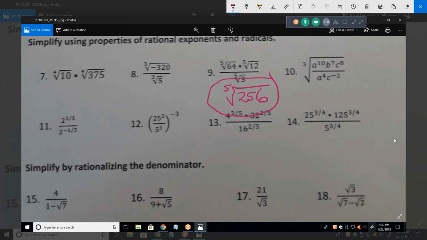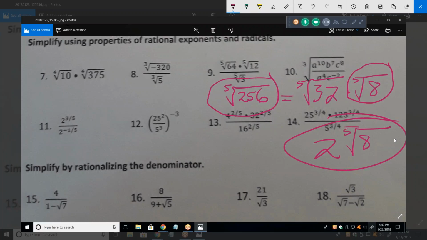Okay. So this becomes the 5th root of 32 times the 5th root of 8, right? Now, I can't simplify that anymore, but I can simplify the 5th root of 32. It's 2. So it's 2 5th root of 8. And this is the answer that you should get. In other words, this is simplifying this radical all the way down.